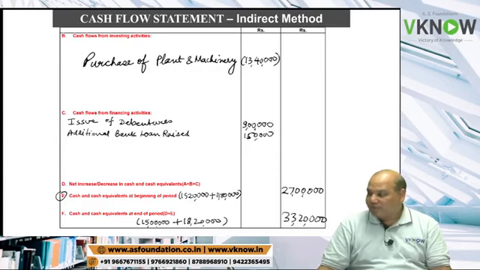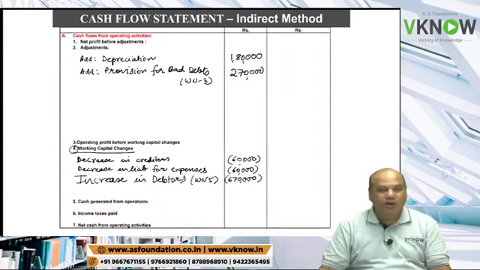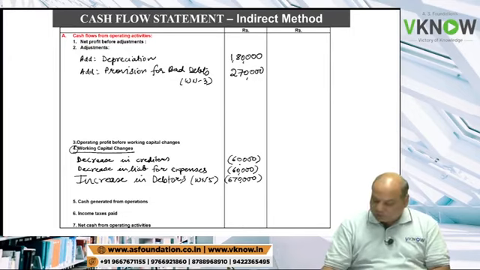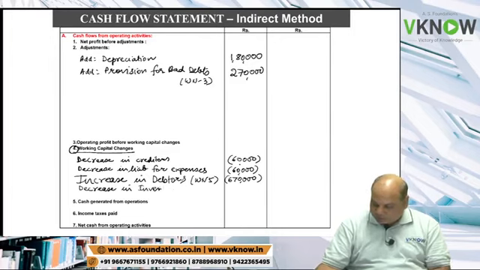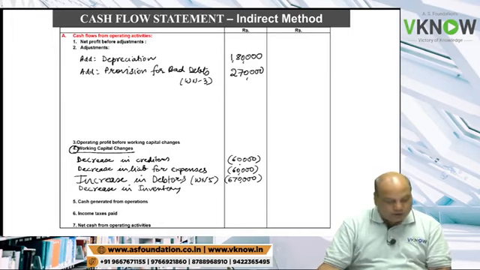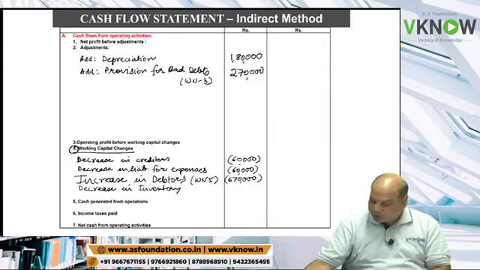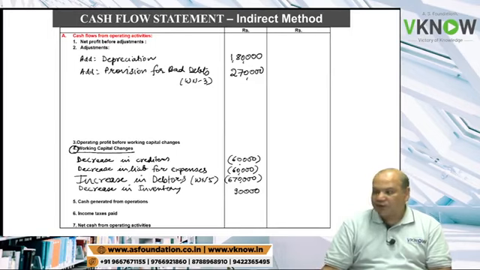Any query? Now we'll come to operating activity, point number 4 again. There is inventory. So write down inventory in point number 4, working capital changes. Decrease in inventory, because opening inventory 20 lakh 10,000 minus 19 lakh 20,000. Decrease in inventory is increase in cash flow. Positive 90,000.